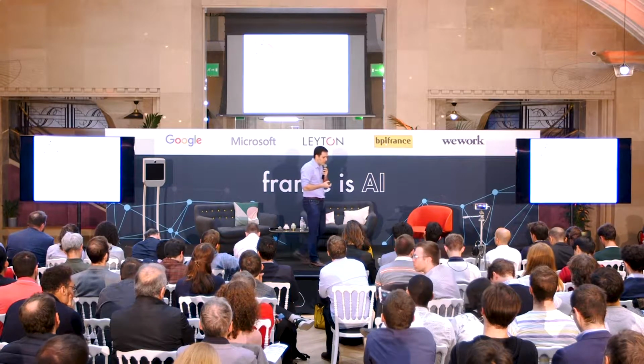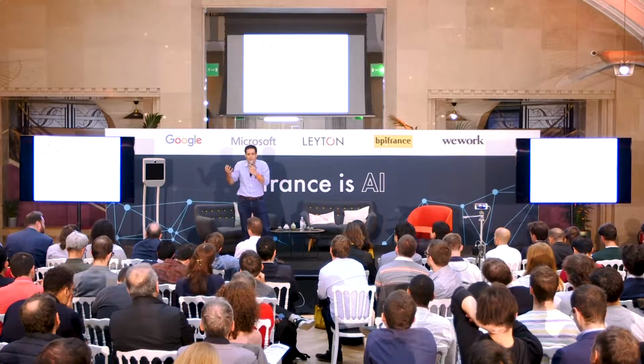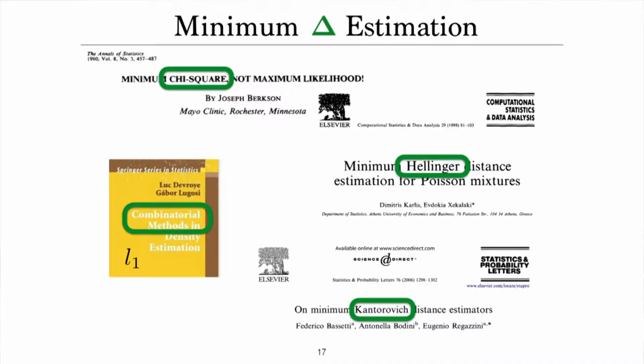Another trend which has been recently appearing in machine learning conferences in the last year or two is to define or study other types of metrics between probability distributions. So as I said earlier, maximum likelihood is like doing a minimum KL, Kullback-Leibler divergence estimation. Is there any other metric out there? And there are many.